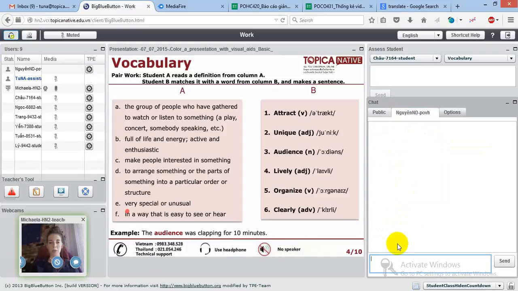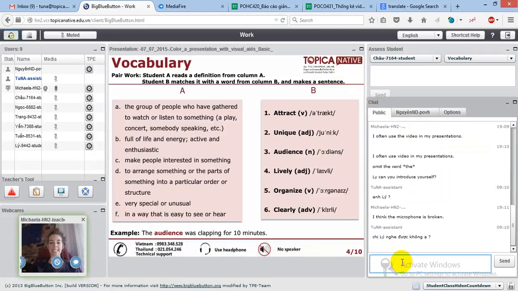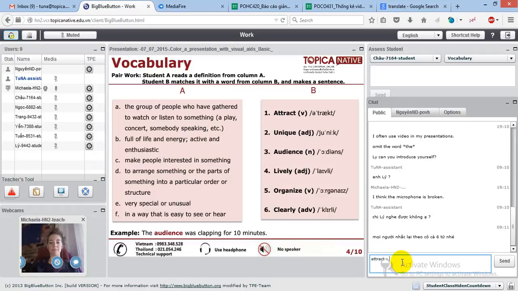So we'll practice some vocabulary now. I'm going to read the words and please repeat after me. Attract. Unique. Audience. Lively. Organize.